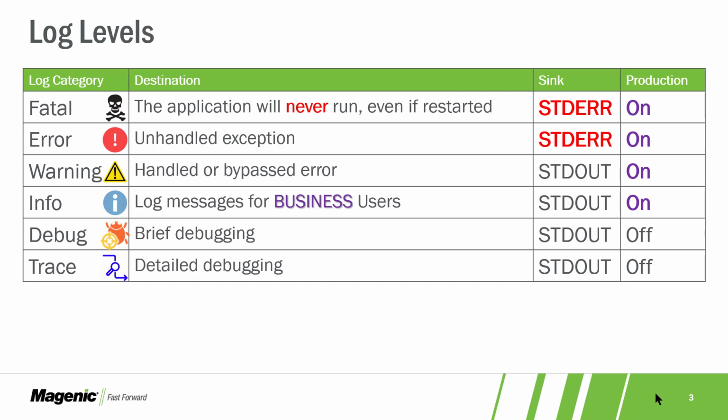So fatal is reserved for the application has crashed and will never ever run, no matter how many times you restart it. Generally speaking, there are very few things that cause fatal errors. In fact, I can only think of 3. It's missing critical configuration, without which it's useless. It's missing critical dependencies, so libraries, the wrong operating system, stuff like that.